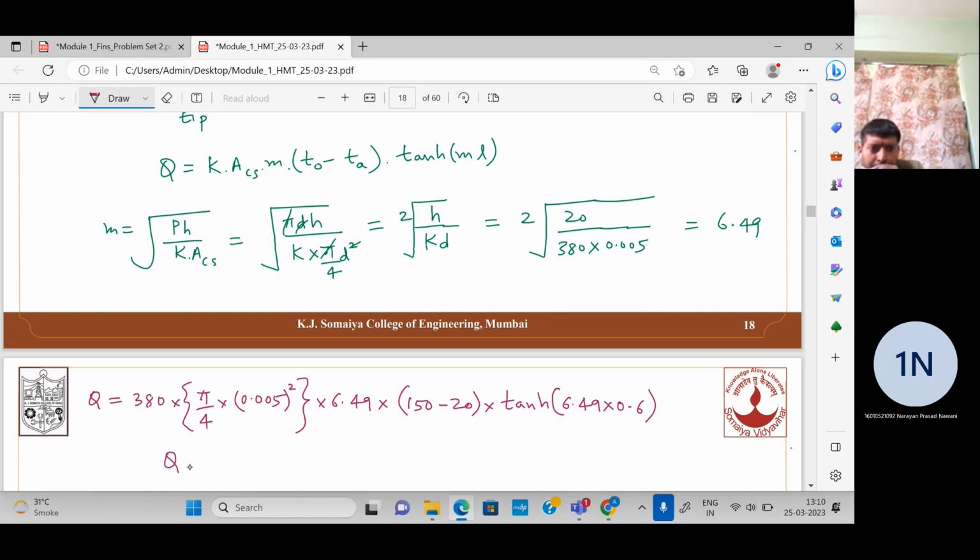Okay, so we have put all the values. Just calculate this. So the calculated value of Q is 6.29 watt.